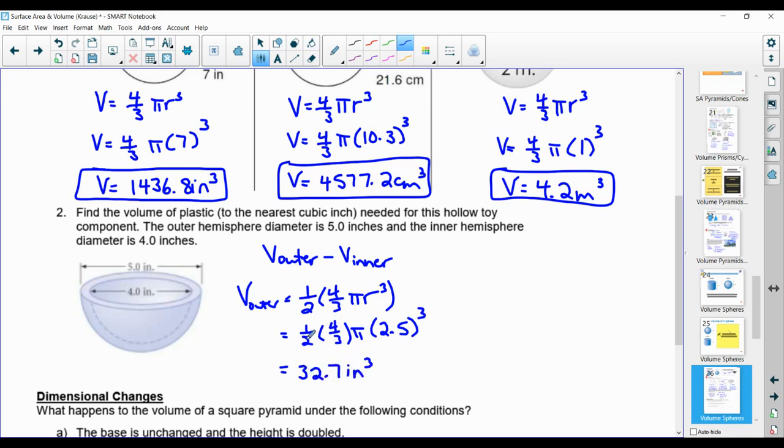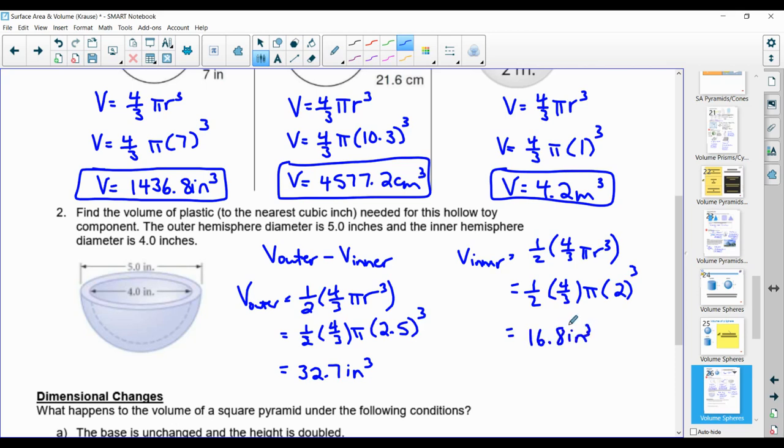Now it's important to note I am rounding on paper, but on my calculator I'm keeping that exact number, and I want to bring that exact number down when it comes to subtracting. Now the volume of the inner object is again going to be 1/2 4/3 pi r cubed, because it's only half of a sphere. 1/2 times 4/3 times pi times 2 cubed will give me 16.8 inches cubed.